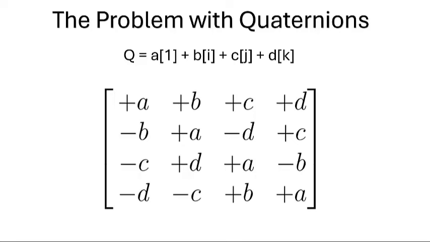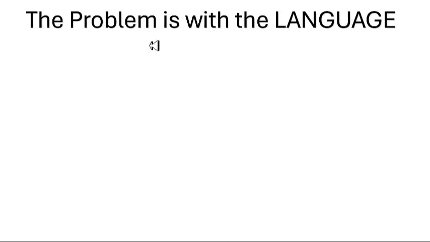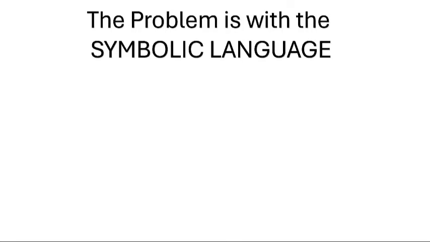So today I want to talk a little bit more about quaternions and a problem that I found with quaternions. Now the problem isn't with quaternions, the problem is actually with the language surrounding quaternions, and in particular with the symbolic language of algebra.